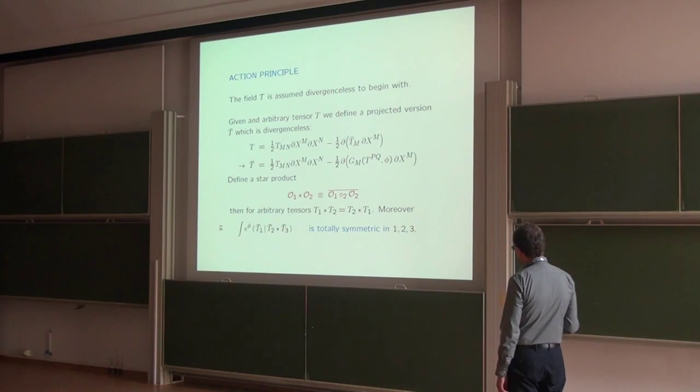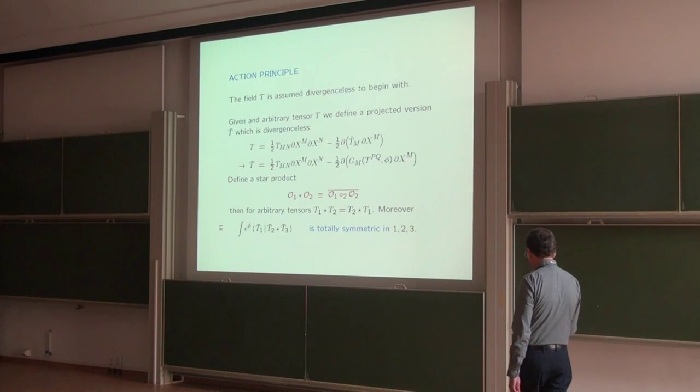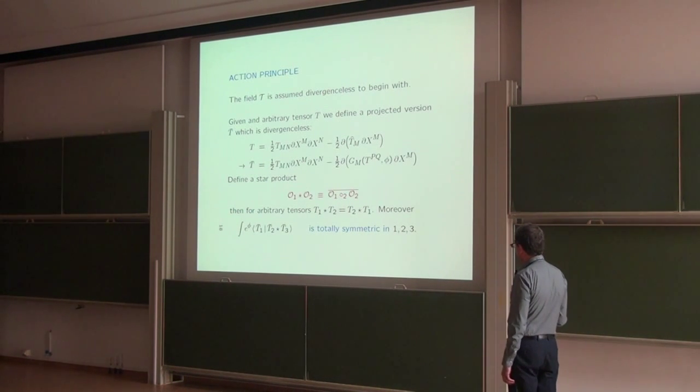So when you put this, the field just depends on the two-component object and the dilaton, and it's divergenceless. You can also define a star product, which is a product in which you take two objects, make a tensor, an object with weight 2, and then take its divergence, make it divergenceless. And this product happens to be symmetric.